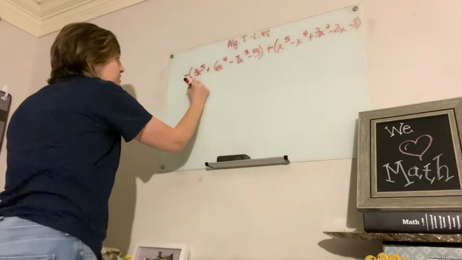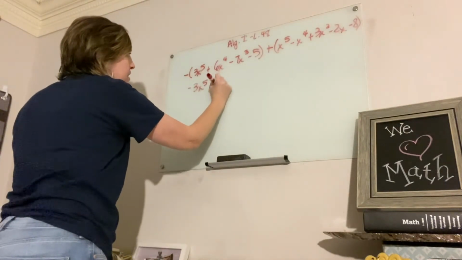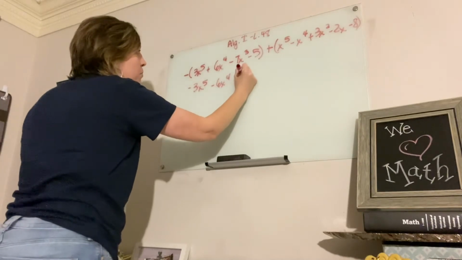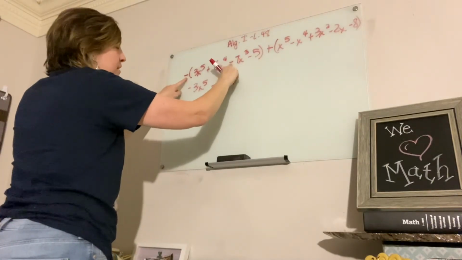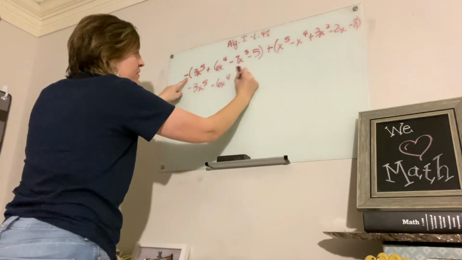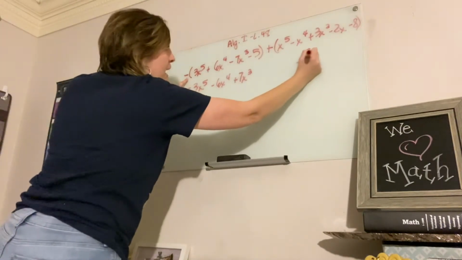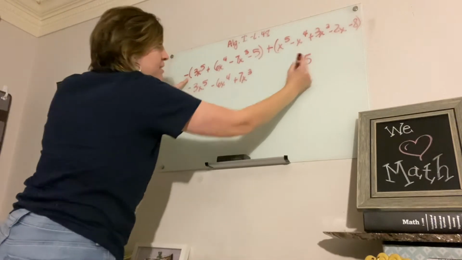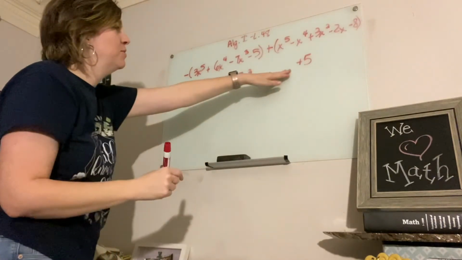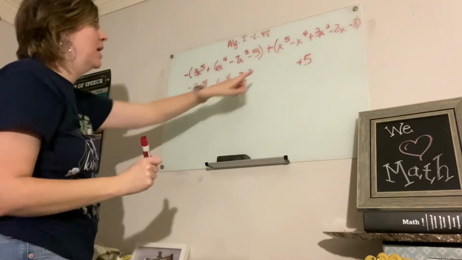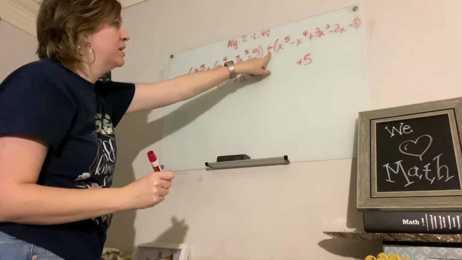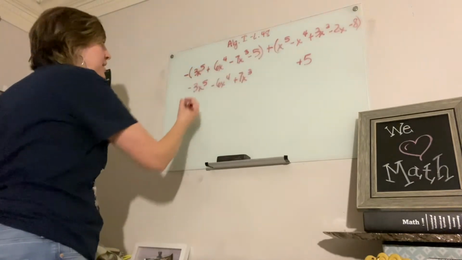So negative 3x to the 5th minus 6x to the 4th plus, watch your signs. A negative times a negative makes a positive 7x cubed. There is no x squared, or x, minus becomes a plus 5. So I'm just going to scoot that way down so I have like terms, right? Now I'm combining with it, so I don't have to change the signs, x to the 5th.